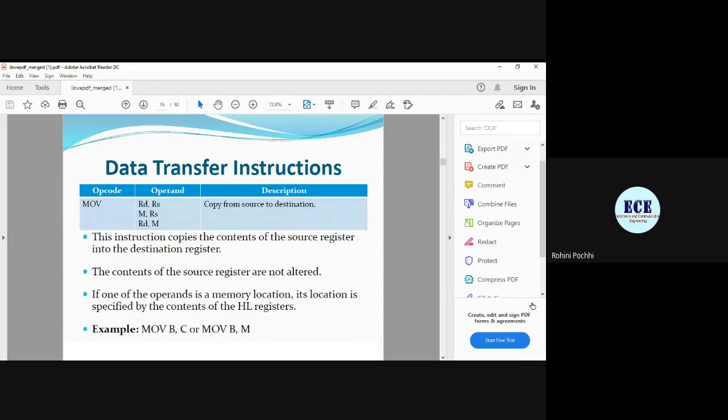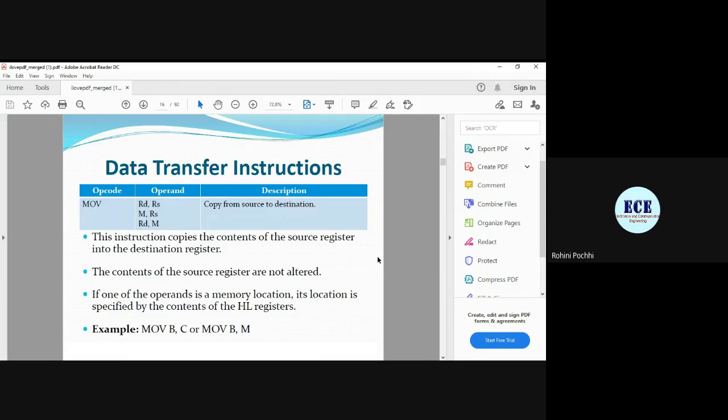Here is the example: MOV is the opcode, operand is Rd, Rs, M, or Rs, Rd, or M, means destination register, source register, or it can be a memory. Description is copy from source to destination, means we are moving the data from source to destination.